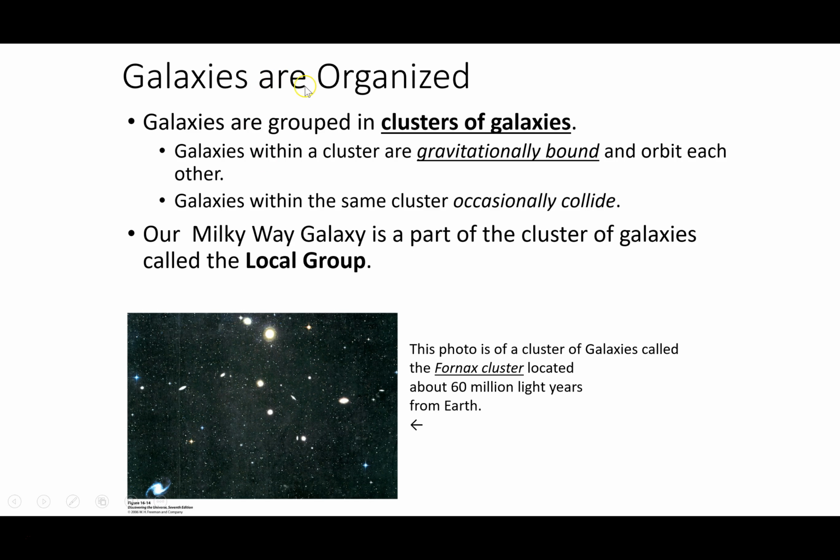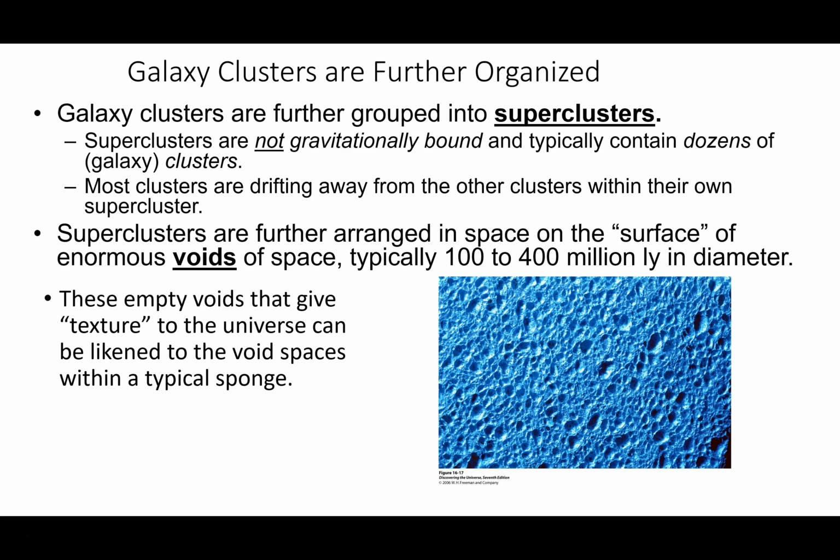Galaxies are organized in families called clusters, and our cluster is called the local group. Like Cheers, right? And then the clusters are further organized into superclusters. Go figure, right? We are part of the local supercluster, I think.